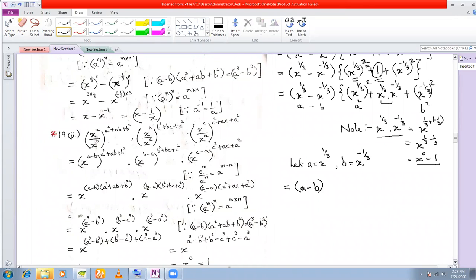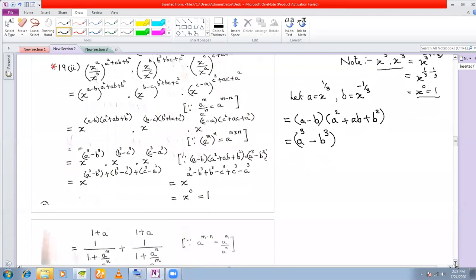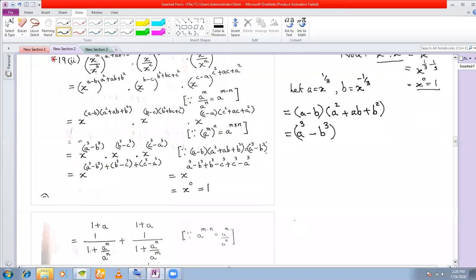A minus B into A square plus AB plus B square. And what is this? A cube minus B cube. Right or wrong? A cube minus B cube, or A cube plus B cube? Yes, sir, A cube minus B cube.